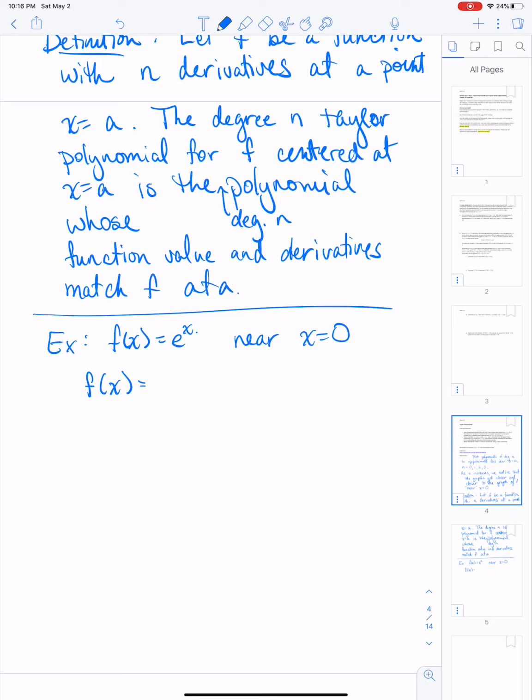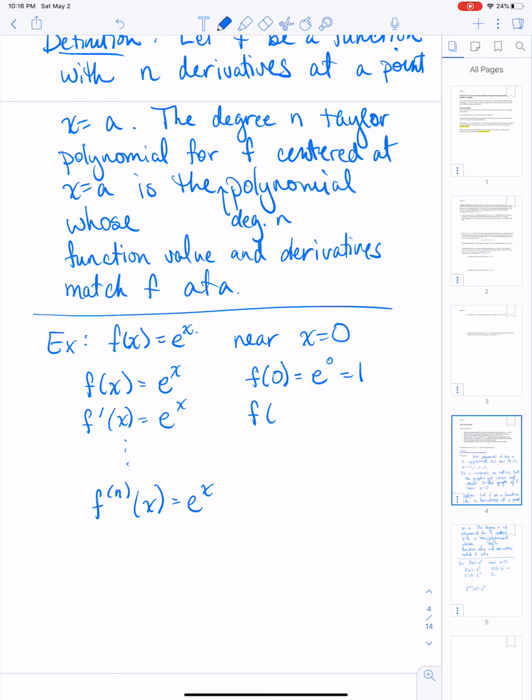So all of the derivatives are e to the x. And so then we need to evaluate these because these are the points we want to match. And so as you did in the preview activity, you know that f of 0 is equal to e to the 0, which is equal to 1.